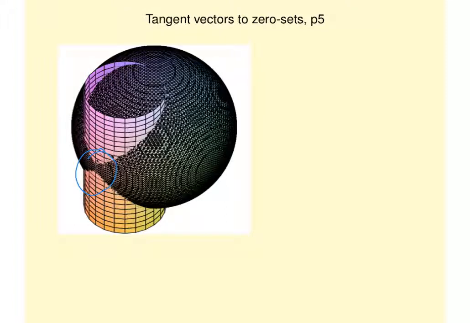This is (2, 0, 0). But it's a consequence of having this large number of sample points that this is rather thick. Really, this point here should really just be the intersection of two thin lines passing through (2, 0, 0).